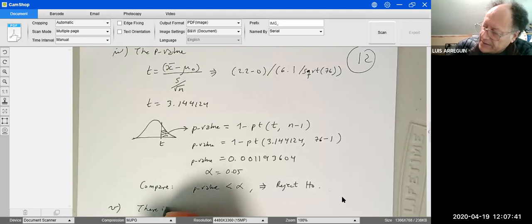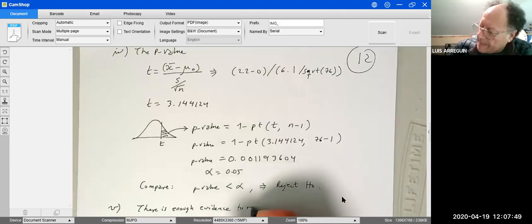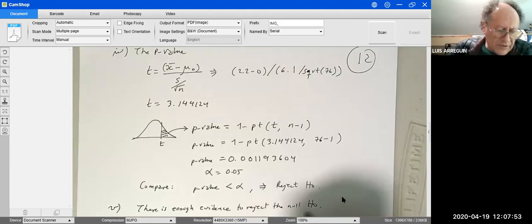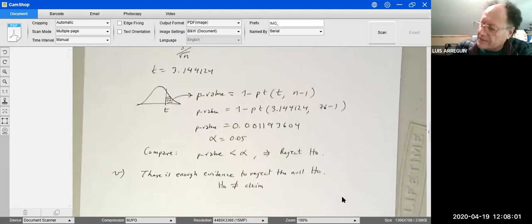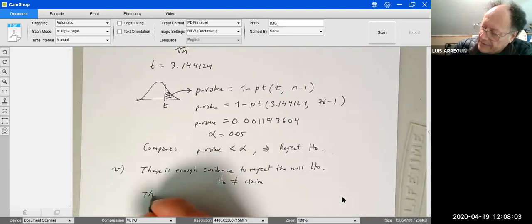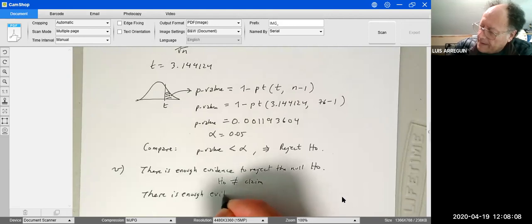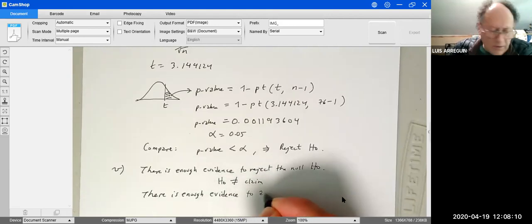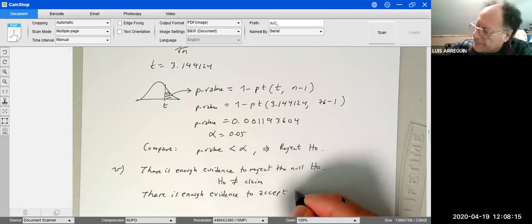So there is enough evidence to reject the null, and then we check that the null and the claim are different. So then we're gonna write our final answer. There is enough evidence to accept the claim.